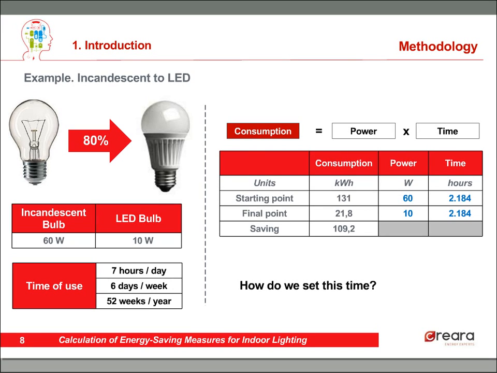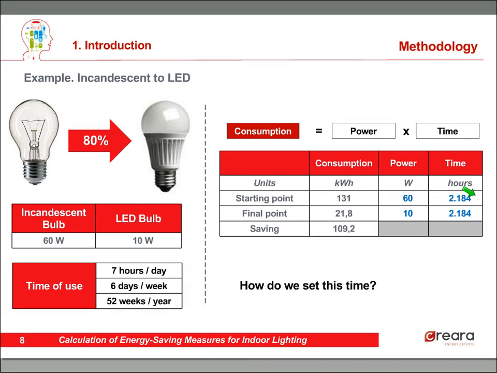So based on our known formula, consumption equals power times time of use. We have first the starting point, where we have 60 watts and 2,184 hours. This number is 7 times 6 days a week times 52 weeks a year. And as you can see, this number stays constant because here we are only attacking the power.